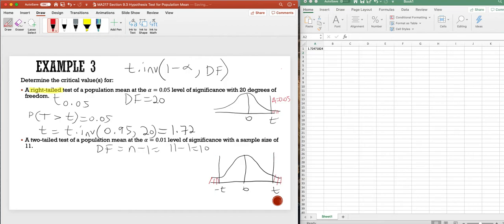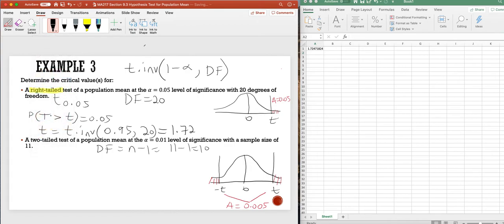We want both of those to add up to be 1%, which means both of these areas are going to be 0.005, since these are supposed to be symmetric and hence be equal.